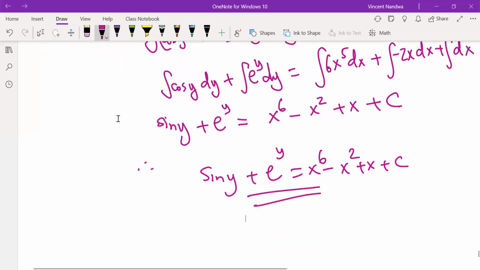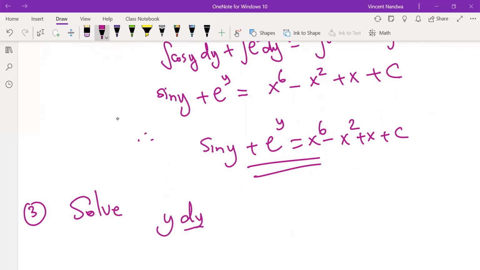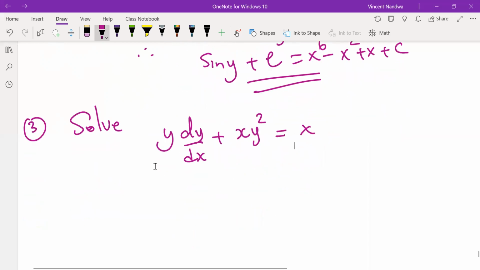And next, number 3, solve y dy/dx plus x y squared equals x. Now we need to check whether this is a separable differential equation.